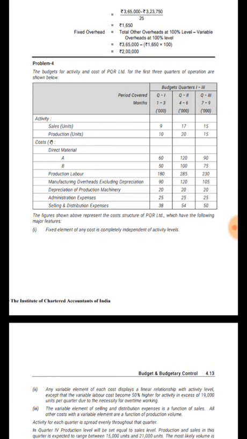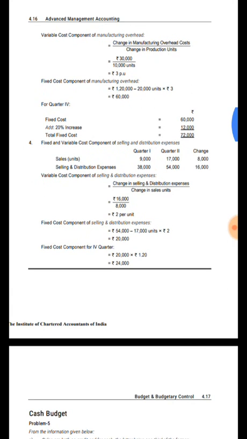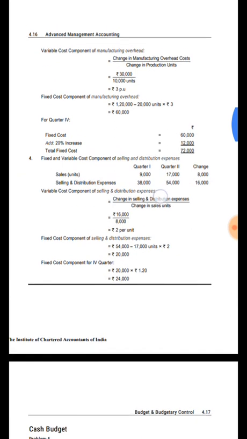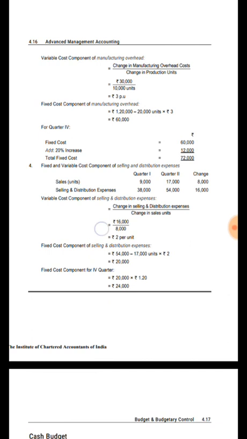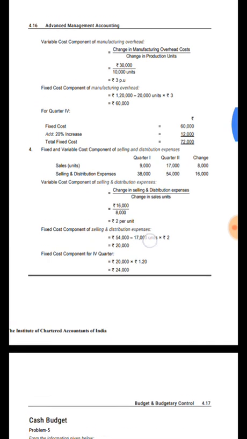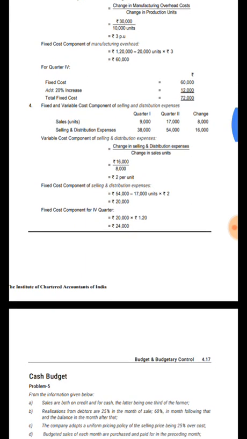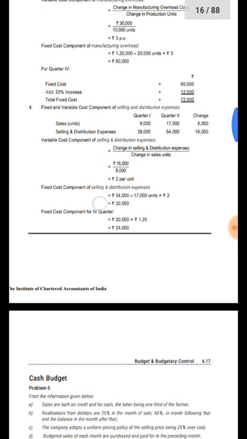With 9,000 the expenses are 38,000, and with 17,000 the expenses are 54,000. The change is 8,000 and 16,000, so 16,000 divided by 8,000 is 2 rupees per unit. So 17,000 into 2 rupees, deducted from 54,000, gives 20,000 as fixed, and that increases by 20% to 24,000. Now we have got everything.